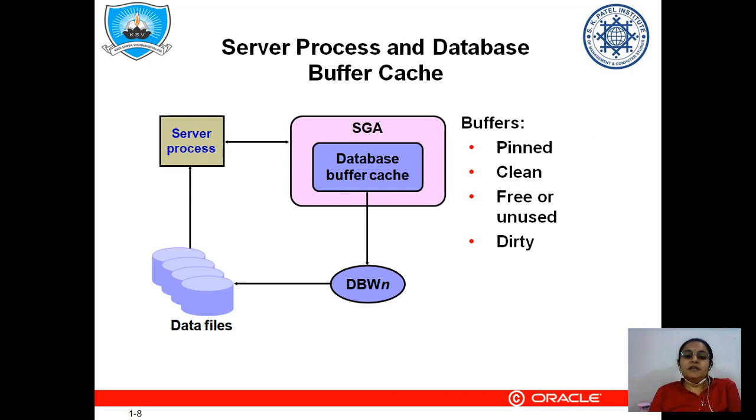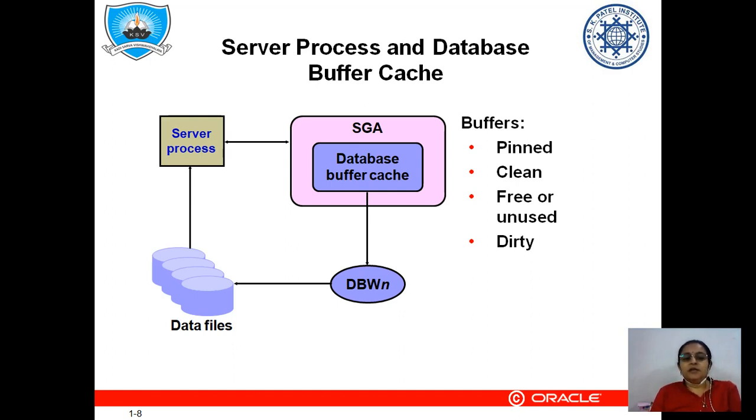From these flags of the memory, the DBWN process knows whether the data is pinned, meaning this data needs to be written into the database, whether that memory area is clean, whether it is unused, meaning till now no data has been written on that memory area of the database buffer cache, and whether that block of memory is dirty, meaning data has been there for a longer period of time, untouched, without any mark of whether it has been stored to the database or not.